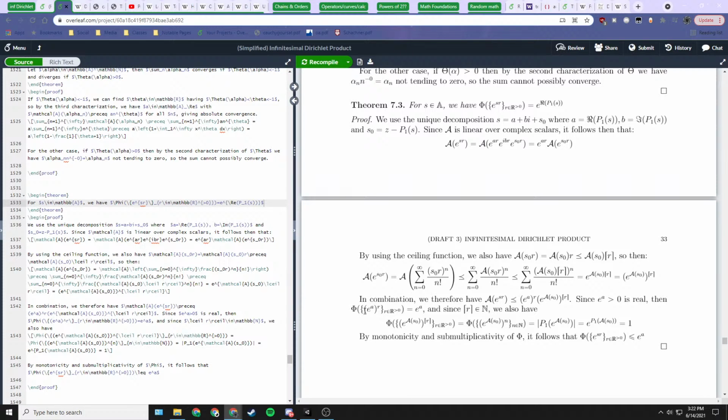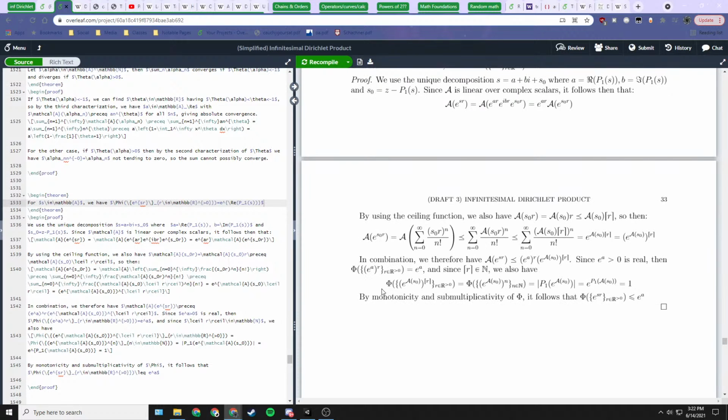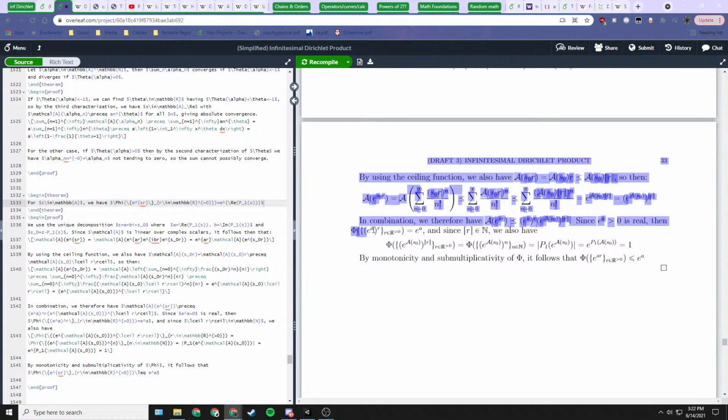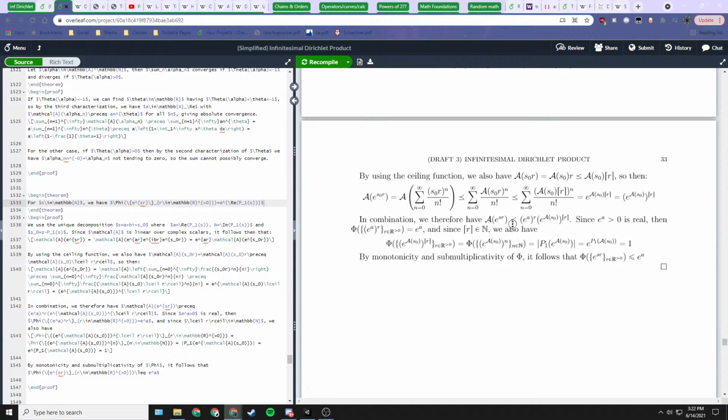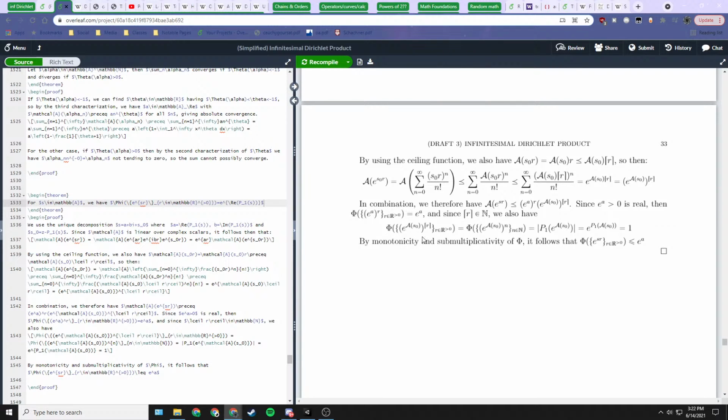So we just have this real geometric series, or real exponential series. We're taking the phi value of this exponential series. So this is just e to the a, and then since norm r is a natural number, we can just replace the ceiling of r with just natural integers, n. Because it doesn't matter.